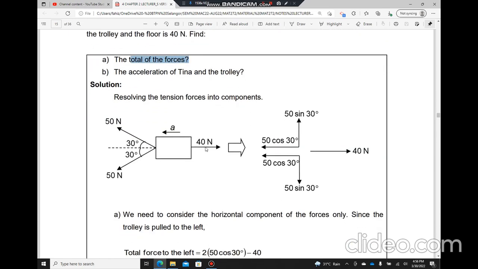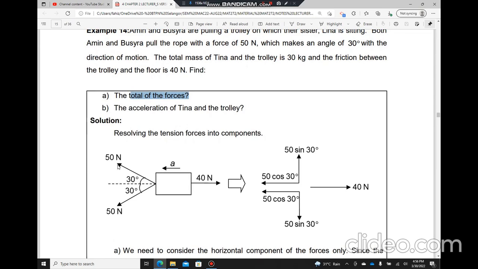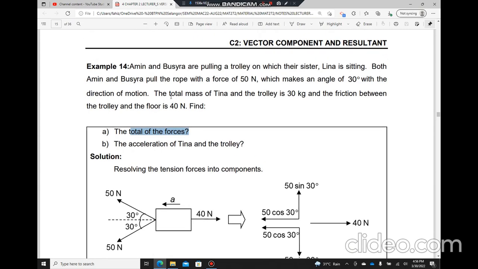So sama yang ni. Okay, so based on this diagram, dia ada 50 Newton ni, dia tarik Ali ni kan. Okay, dia tarik dua orang, Amin dengan Bushra. So dia akan ada 50 Newton kat sini. Okay, then 40 Newton ni sebab dia kata kat sini friction between the trolley and the floor is 40 Newton. So dia ada friction dekat sini which is 40 Newton, force of friction.